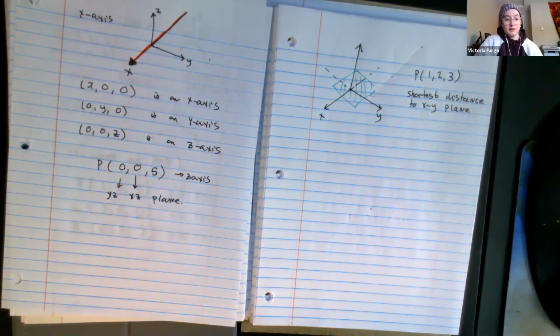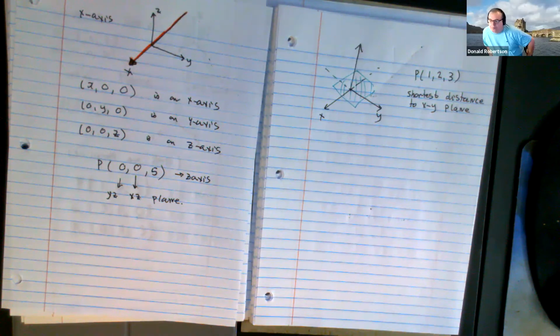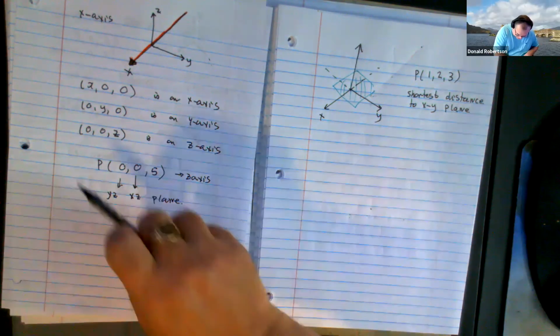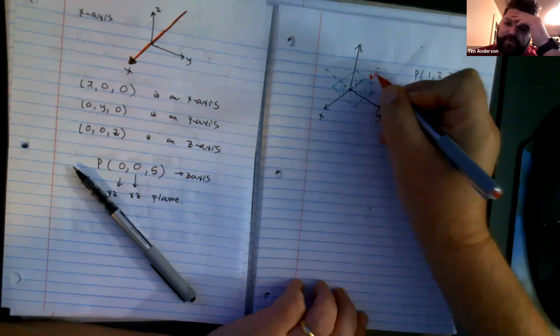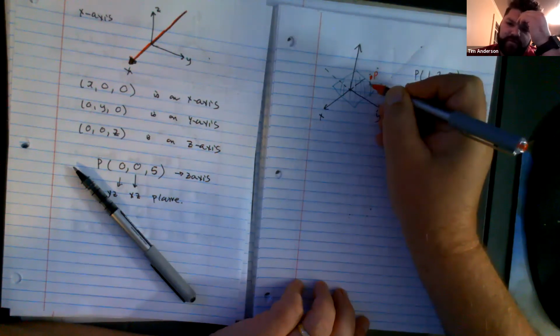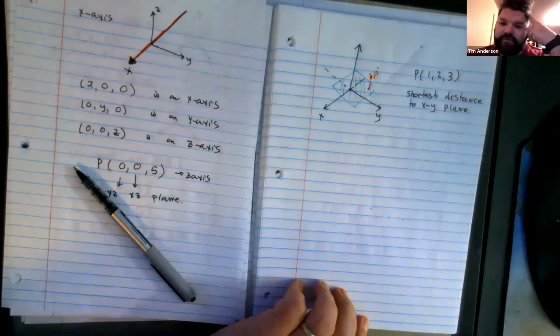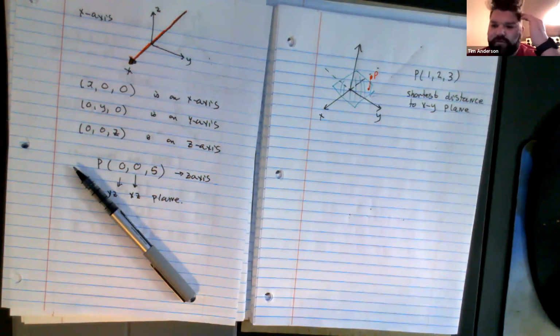Well, it's a single number I want because it's a distance. Now, I could try and draw it really badly. The shortest distance is going to be a straight line. So it's going to be straight down 3 at 1, 2.